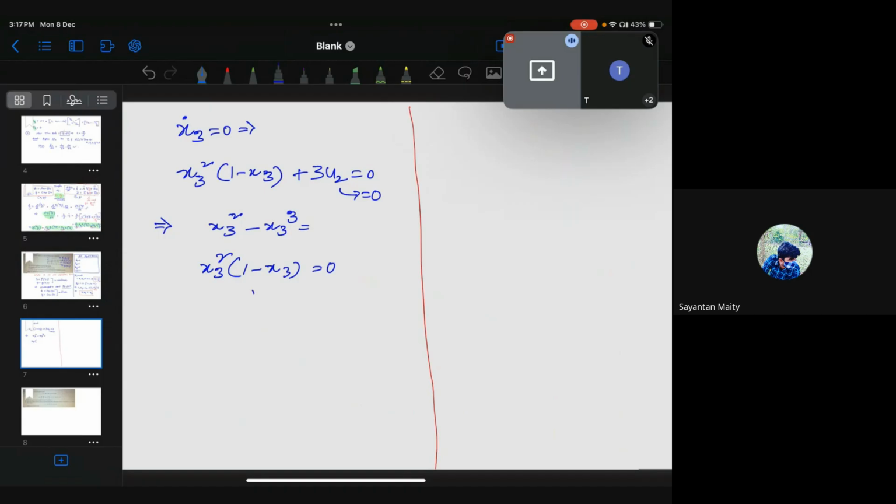So you'll have two things: either x3 squared is 0, which means x3 is 0, or 1 minus x3 equals 0, so x3 becomes 1. Now solving one by one, we are getting two things, x3 is 0 and x3 is 1.